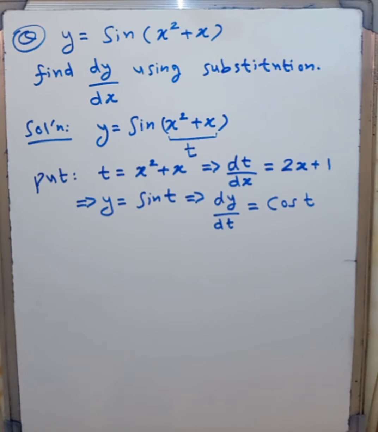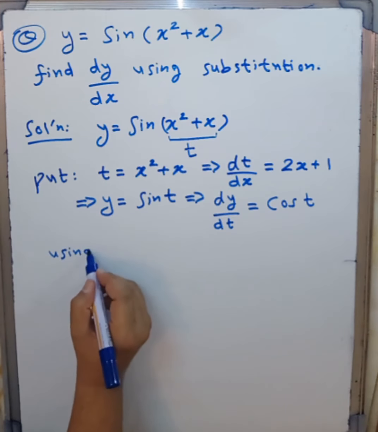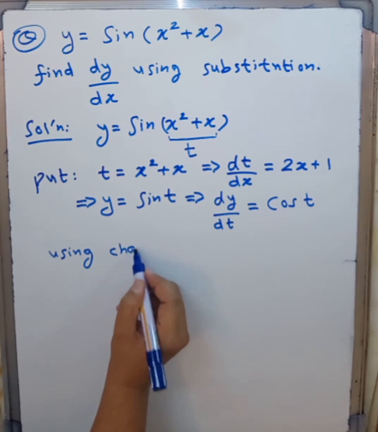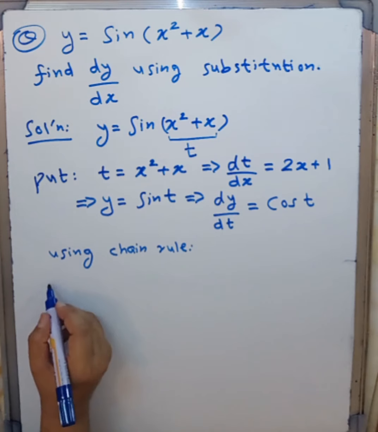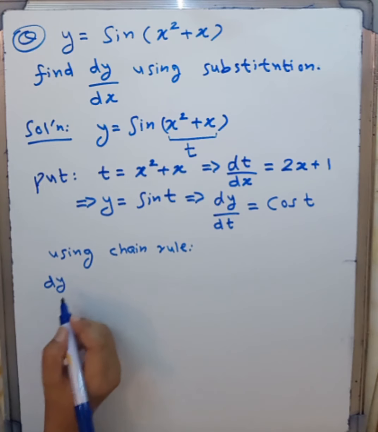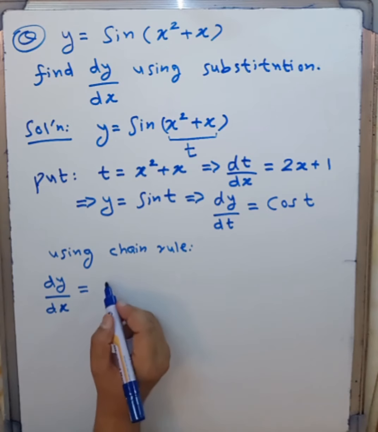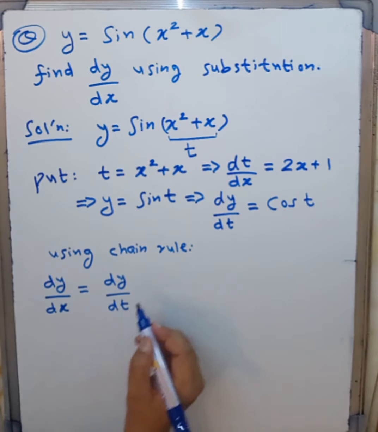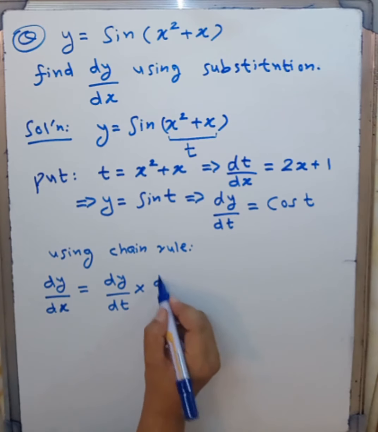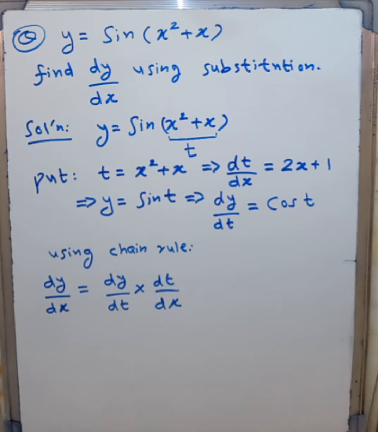And using chain rule, we know that dy by dx is given by dy by dt multiplied by dt by dx.